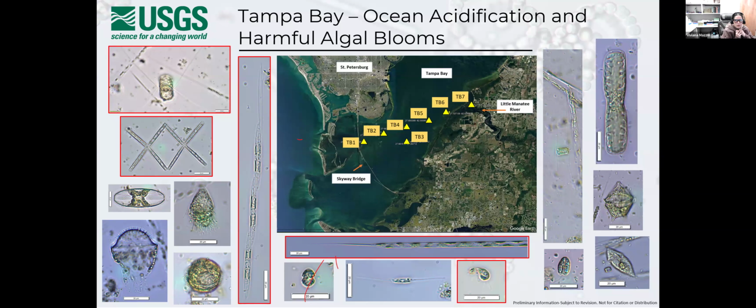I don't know if you've heard of the Cyan website. I did some ground truthing counts for that program. Cyan is a web application, also a phone application. You can download it on your phone. And USGS was working together with NOAA and NASA and some other folks to create that application.